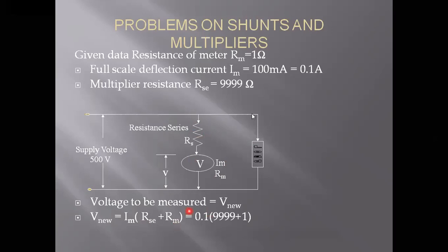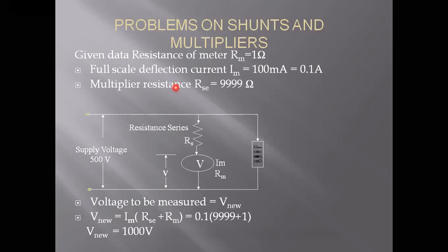Im value is 0.1 into RAC, which is 9,999 plus 1. So this comes up to 10,000 into 0.1. So our new voltage value, which our meter should be able to measure, is 1000 volts.